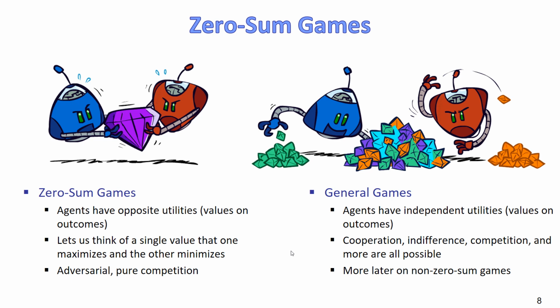Remember, the sum of it is 0. So if the value for one player is 10, then the value of the other player will be minus 10. Okay, so we'll just keep the one that we will maximize, assuming that this is the agent that we control, and for the opponent it would be the opposite value. And the opponent should minimize that value.